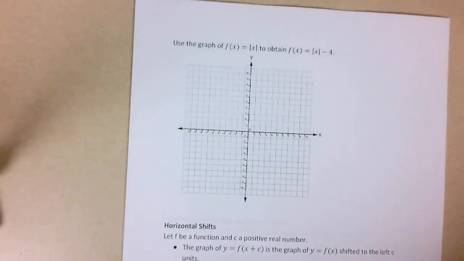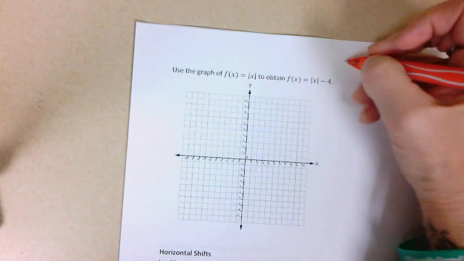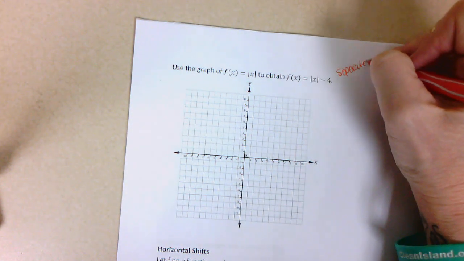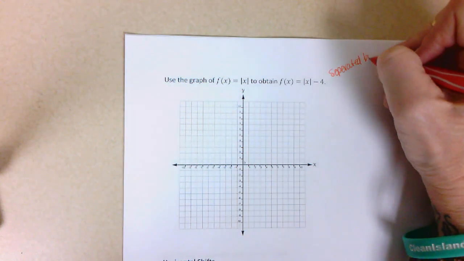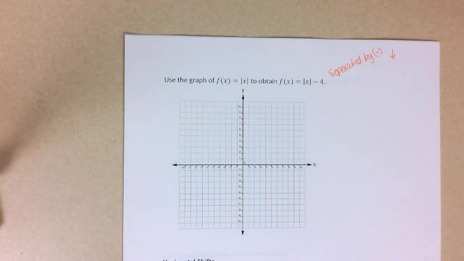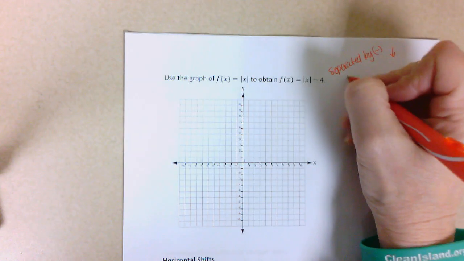Alright, so let's do one. Here we can see that it's separated by a minus sign, so that means that we're going to go down, okay? So that means it's a vertical shift.